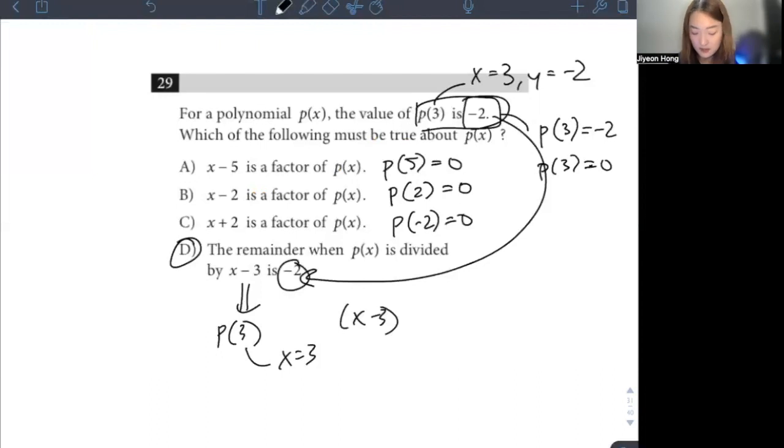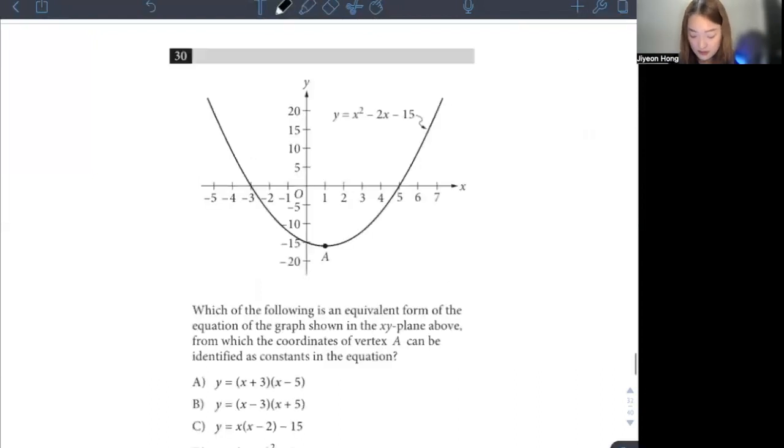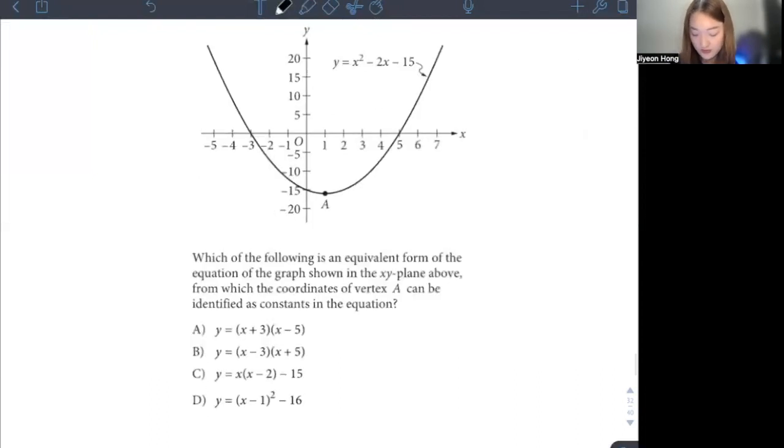Okay, number 30. Which of the following is an equivalent form of the equation? So they gave us the equation here, actually. The only thing that you have to be careful about is it says that the coordinates of vertex A can be identified as constants. The coordinate of vertex A is 1, -16.